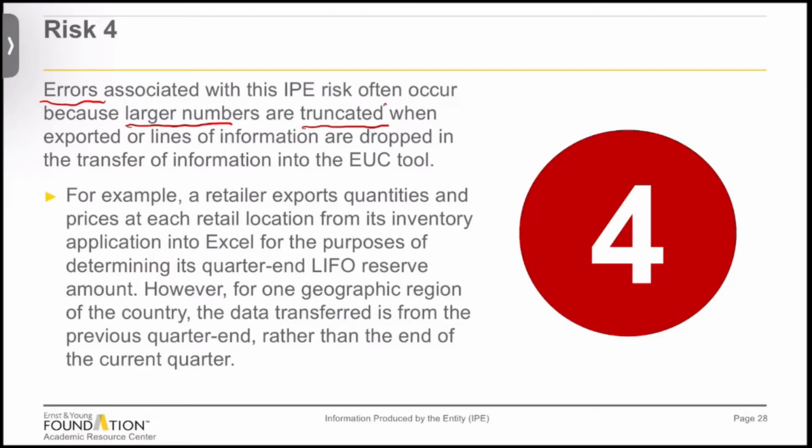So, for example, a retailer exports quantities and prices at each retail location from its inventory application into Excel for the purposes of determining its quarter end LIFO reserve amount. However, for one geographic region of the country, the data transferred is from the previous quarter end rather than the end of the current quarter. So, mali yung na-transfer na information.